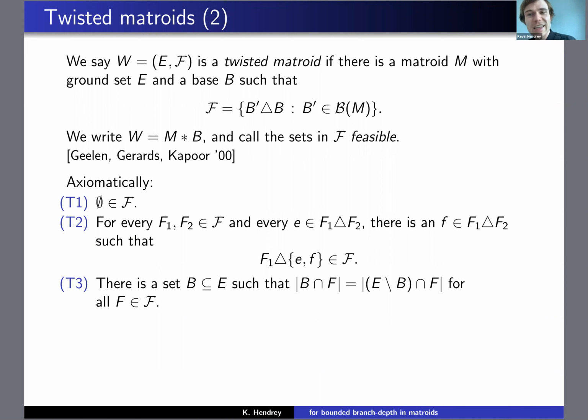And thirdly, there's some set B, which corresponds to the base from the matroid definition, such that for every feasible set, the intersection of B with the feasible set is equal to the intersection of the feasible set and B complement. These are just what happens to fall out if you translate bases of matroids to twisted matroids.